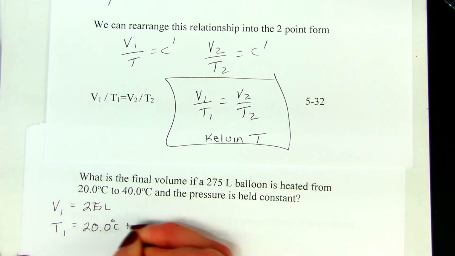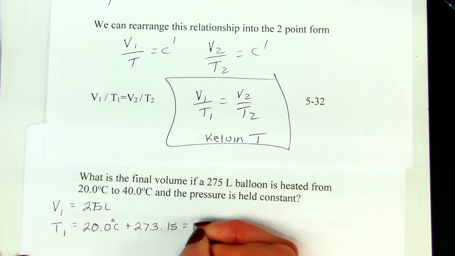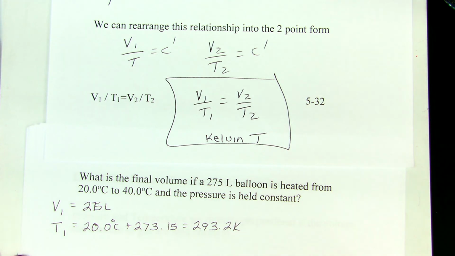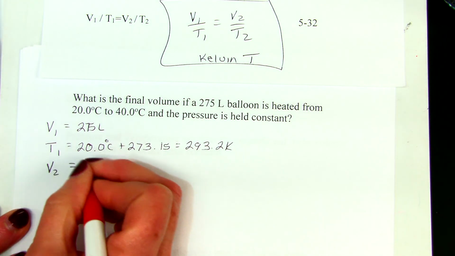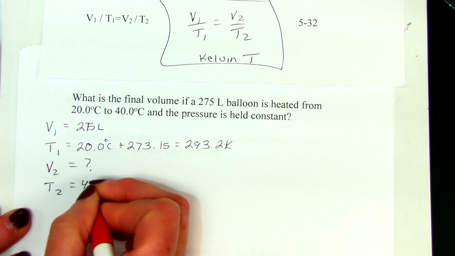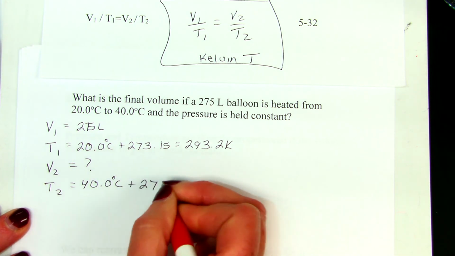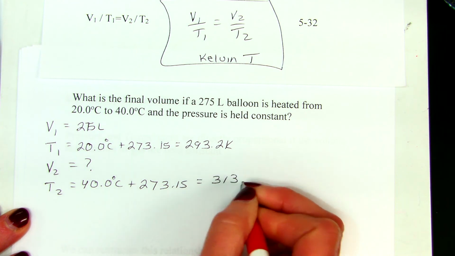I know that I need this in Kelvin, so I add 273.15. So I have 293.2 Kelvin, preserving significant figures going out to the tenths place. And my new volume, V2, is my unknown, and my new temperature is 40 degrees Celsius, which is converted to Kelvin. We get 313.2 Kelvin.